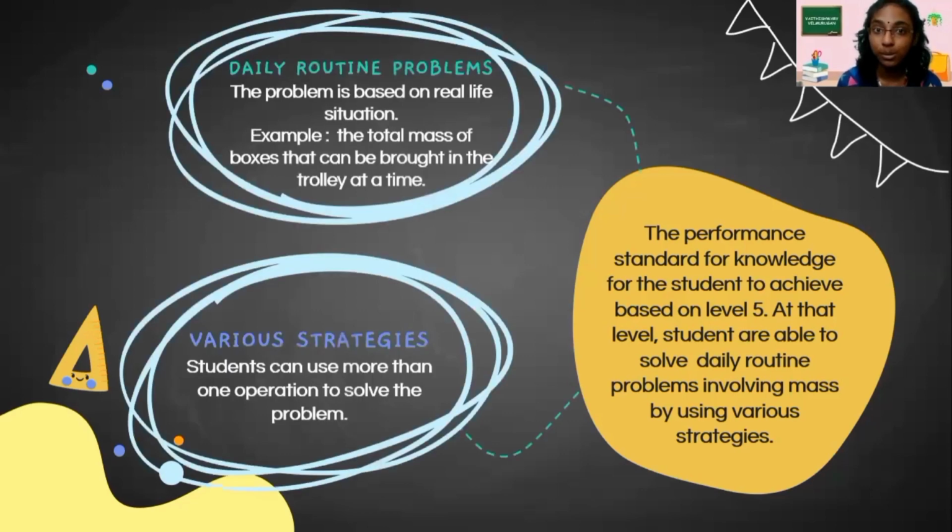Daily routine problems can be described as problems based on real-life situations, or problems which are faced often by the students. So, the example is the total mass of the boxes that can be brought in the trolley at a time. This example is particularly chosen from the situation created at the beginning.